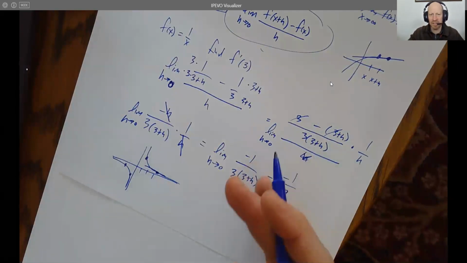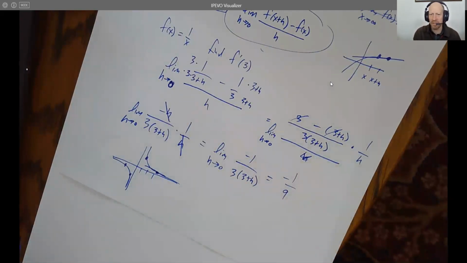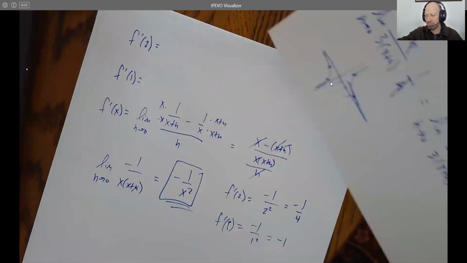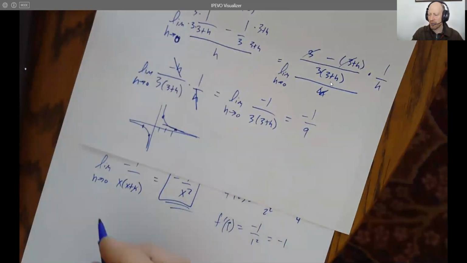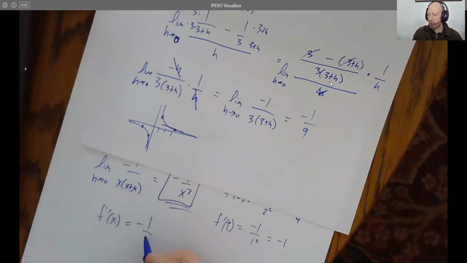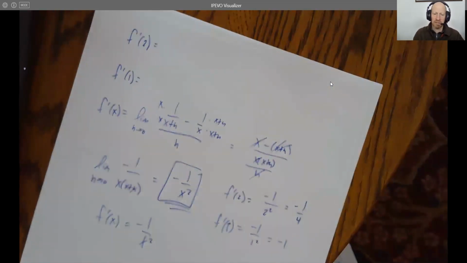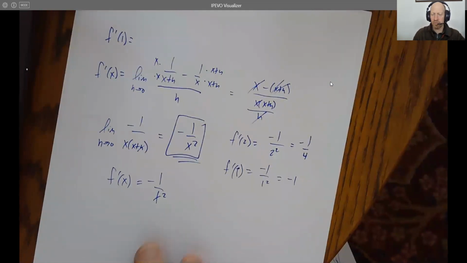It's a different point, so there should be a different process there. How can I have one formula that tells me that at all those points? But we've got it. It's right here. And this is called the derivative. So f prime of x for our given function f of x is negative 1 over x squared. And this will turn out to be very useful for us.